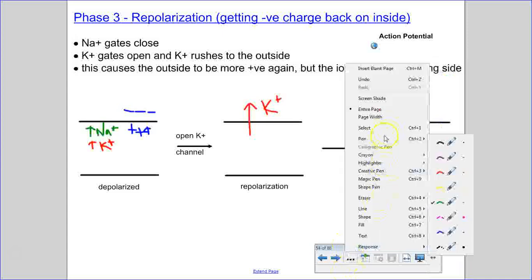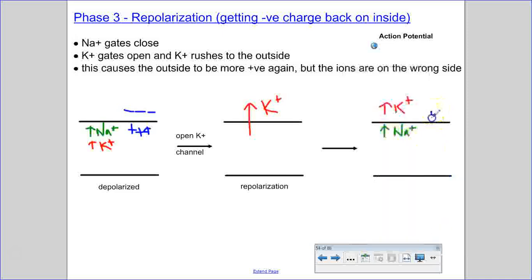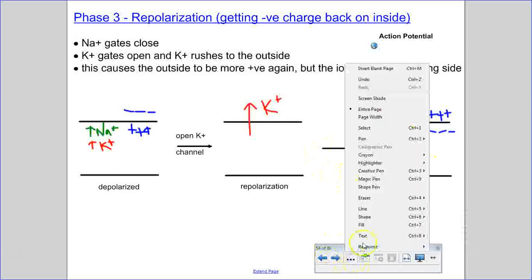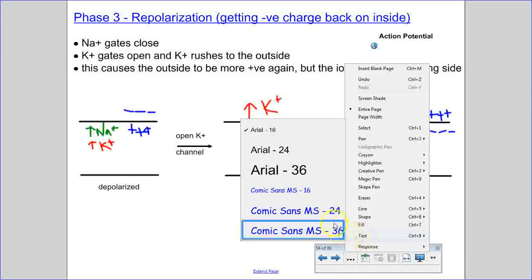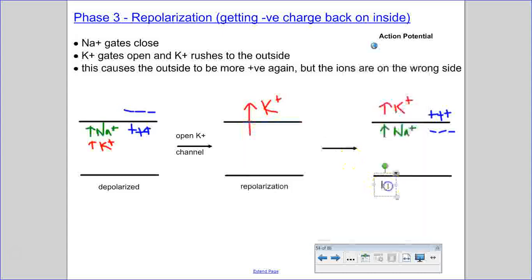So charge-wise, this becomes positive again. Not quite as positive as normal. Not as much of a difference as when we started the process in the resting neuron. But it does become more positive on the outside than on the inside. So when that has happened, it's considered repolarized. But it doesn't stay that way for very long.